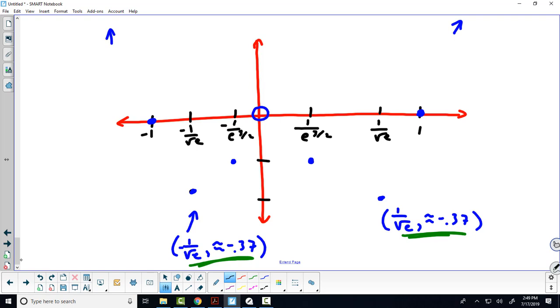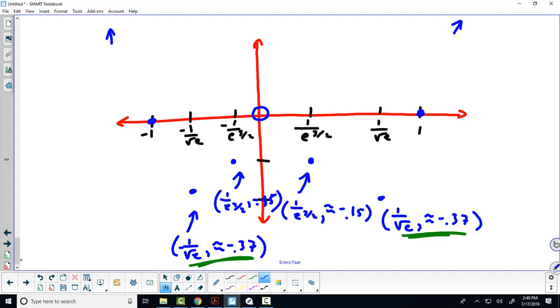So this would be 1 over e to the 3/2, comma, approximately negative 0.15, and minus 1 over e to the 3/2, comma, negative 0.15.